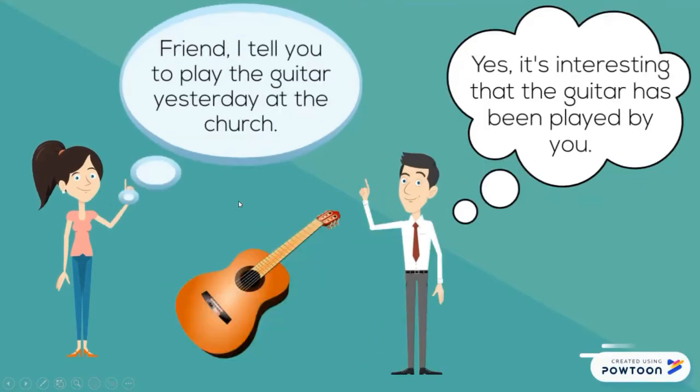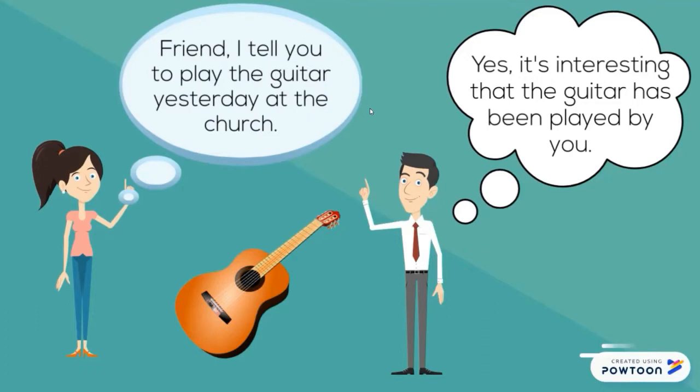In this last dialogue, the first bubble indicates that you is the doer or performer, while the guitar is the receiver of the action. Meanwhile, in the second bubble, the guitar is the doer or performer of the action, and you is the receiver of the action.